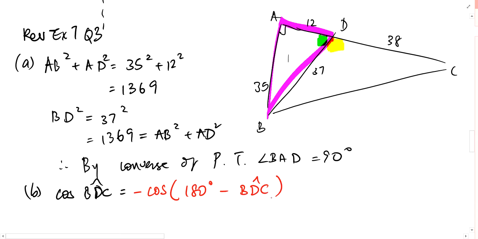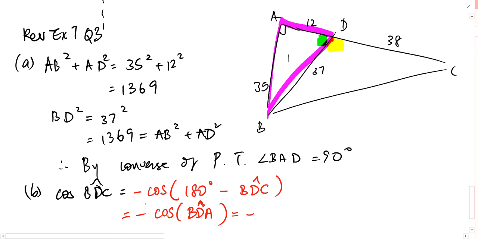Right, this is the direct application of the formula. 180 minus BDC will be BDA. This is our angle in green. Agree? Okay. So cosine of the angle in green. Let's put a negative first. This negative just carry it over.